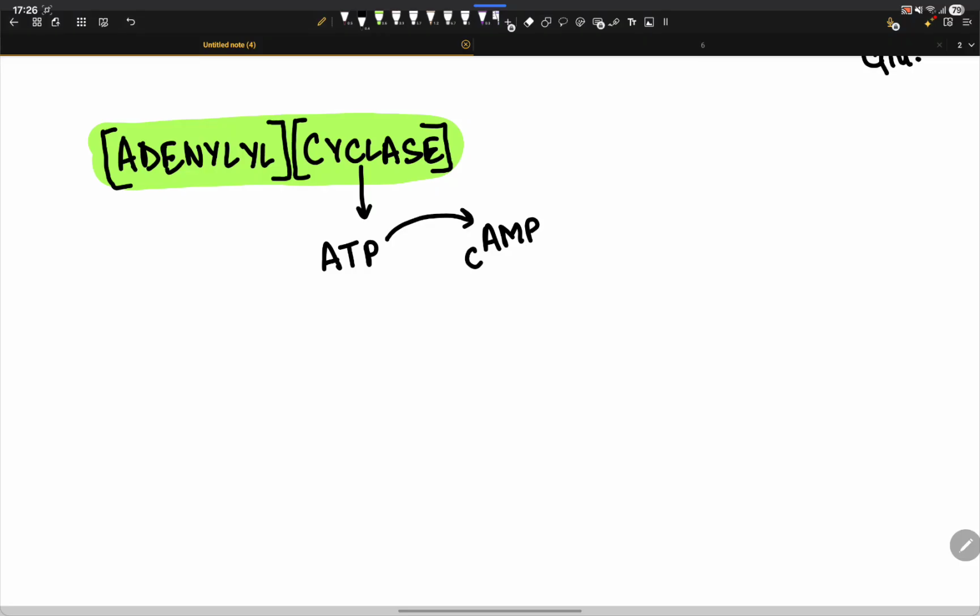But wait, now the question is, why is ATP being used? Remember, ATP is not just energy, it also serves as a raw material. We even saw in glycolysis that ATP is used for a lot of processes, right? So ATP here is used by cyclase to produce cyclic AMP, or cAMP.